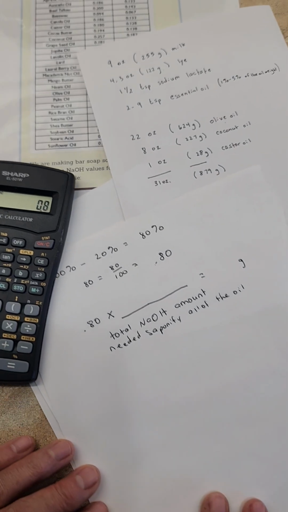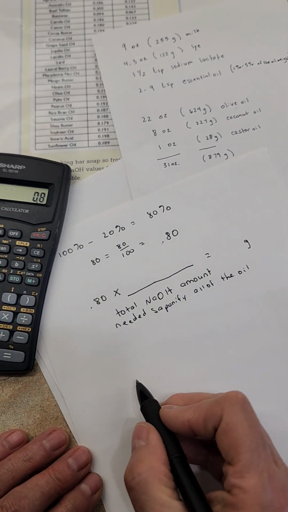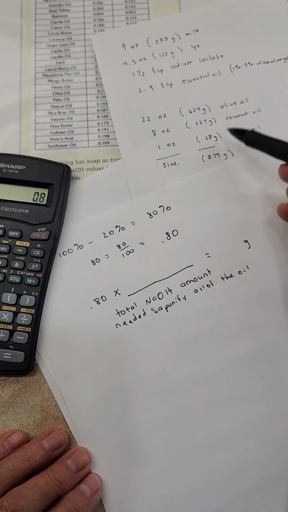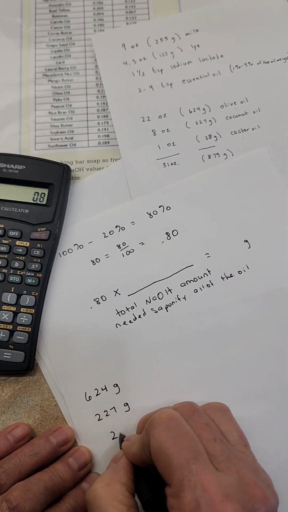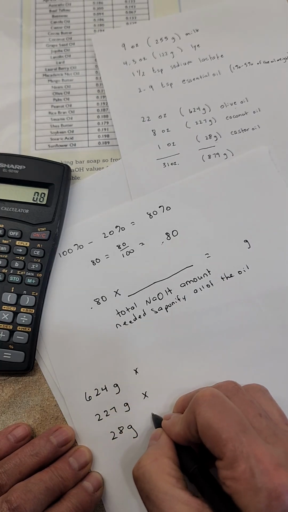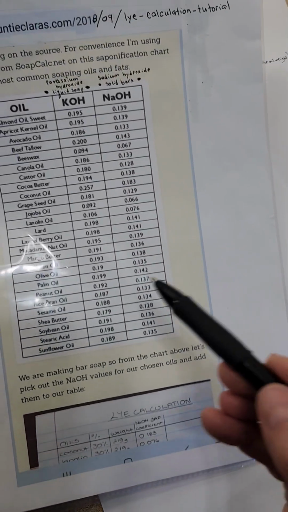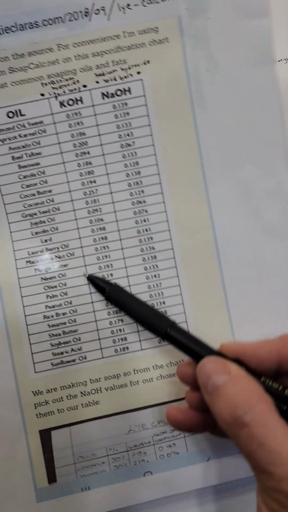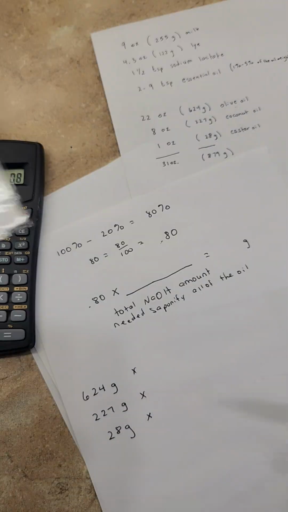Calculating for that unknown number is also pretty straightforward. What you will do is you will take each of your oils and fats and multiply each of those by the number that you find on your chart. Let's start with the olive oil. The olive oil NaOH number is 0.135.